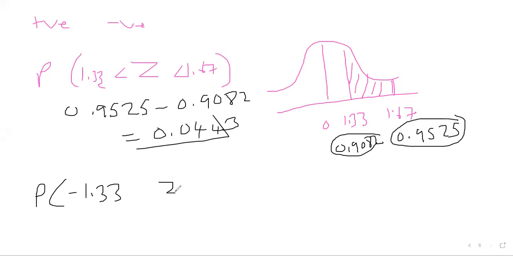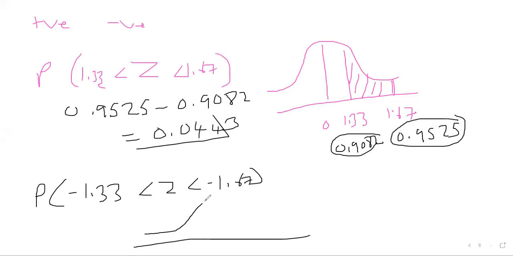So suppose we had negatives here, negative 1.67 and negative 1.33. As long as they're on one side, the principle of mathematics is the same. Just subtract the smaller probability from the bigger probability because the interval is the same.